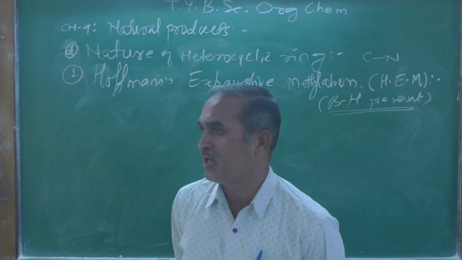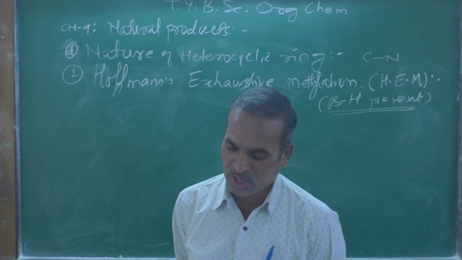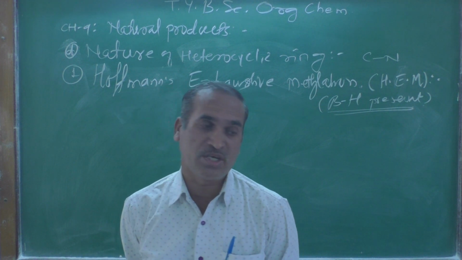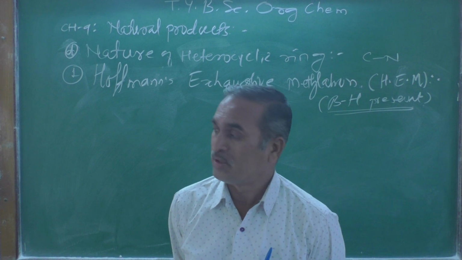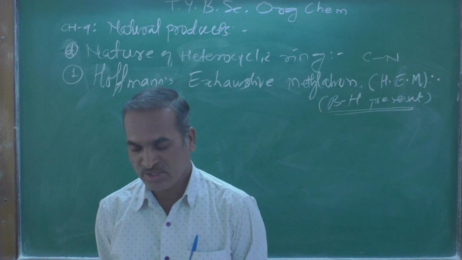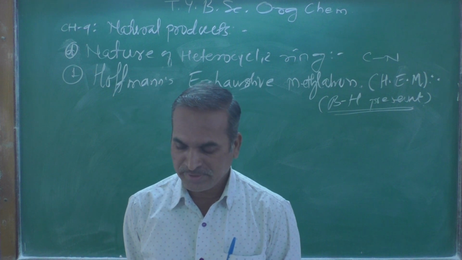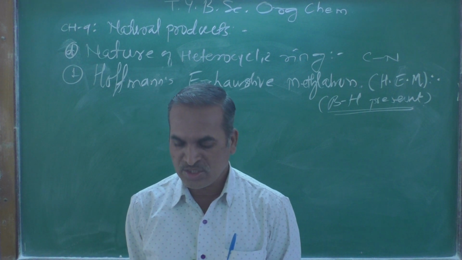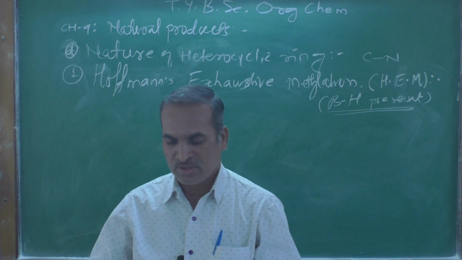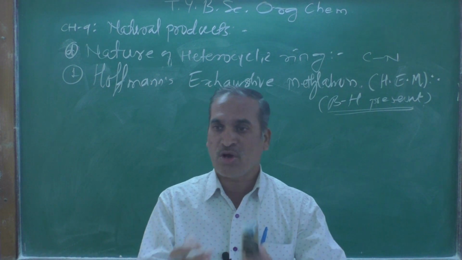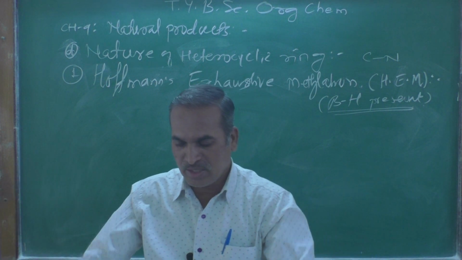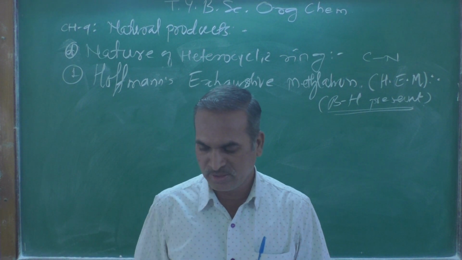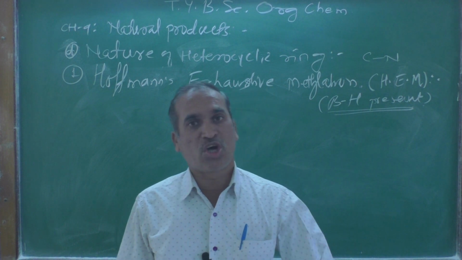That is the essential and very, very important step in this Hofmann exhaustive methylation, because breaking of the C-N bond takes place at this point, and the process is continued till the nitrogen is completely detached from the ring. And if a beta hydrogen atom is not available, this method does not work.